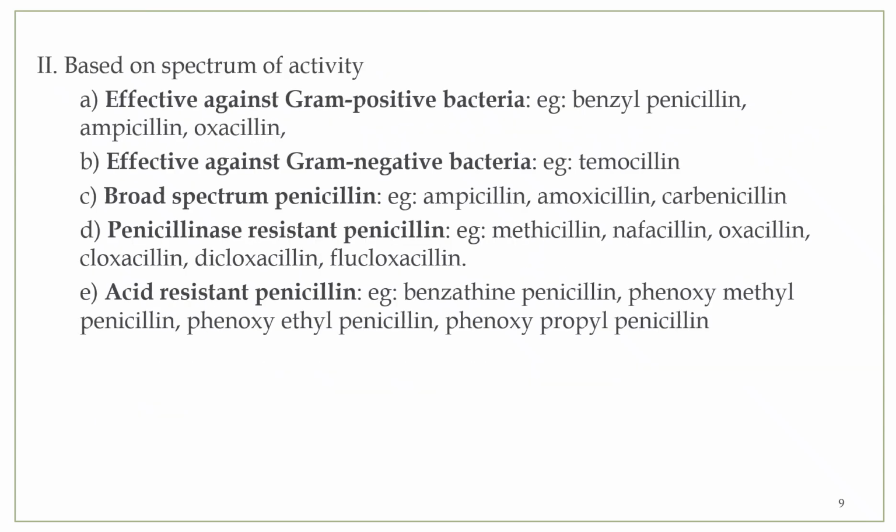Second type, based on spectrum of activity. The first one, those which are effective against gram-positive bacteria. Examples: benzyl penicillin, ampicillin, oxacillin. Second one, effective against gram-negative bacteria. Example: temocillin. Third one, broad-spectrum penicillins.